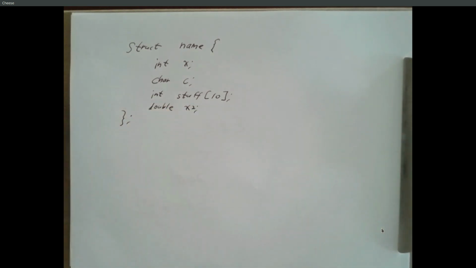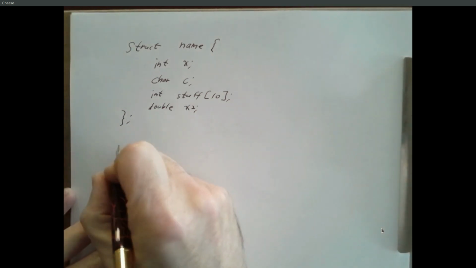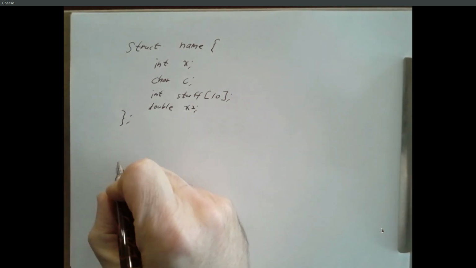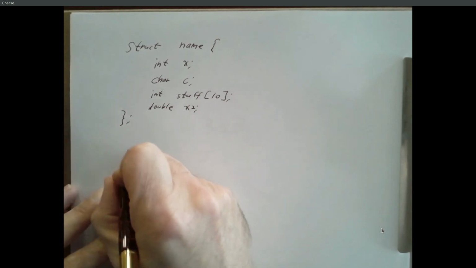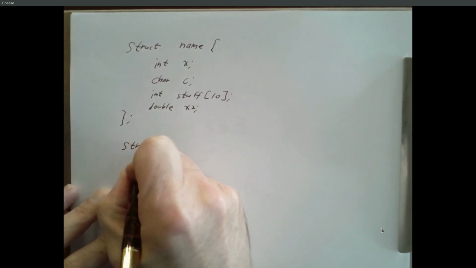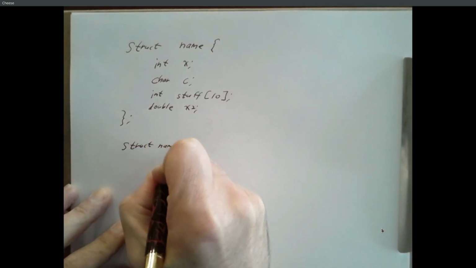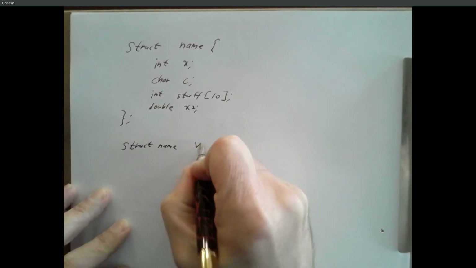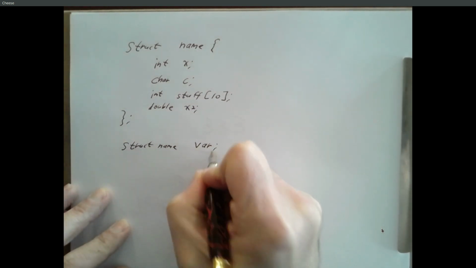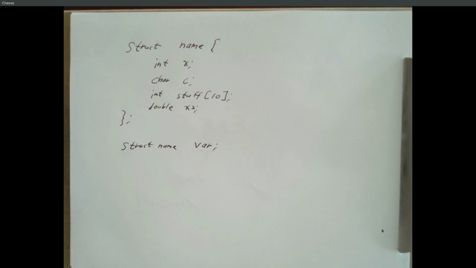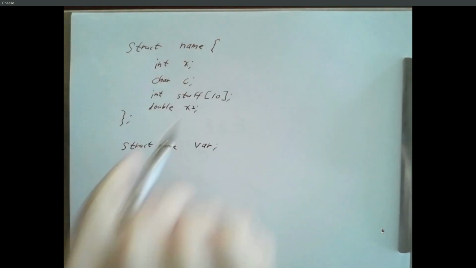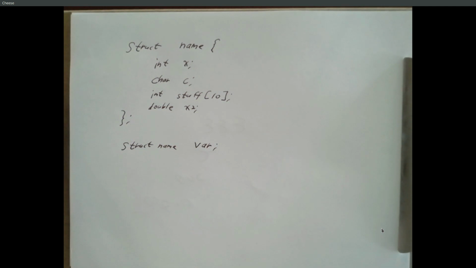If we want to create a variable of type struct name, it's just like declaring an integer, but instead of saying int variable, we say struct name and then our variable, let me just call it var. So var is a variable that has 4 pieces to it: an integer, a character, an array, and a double.